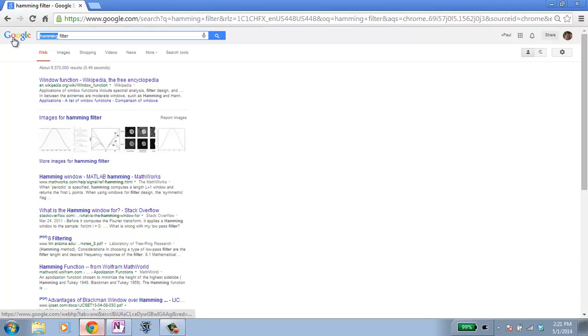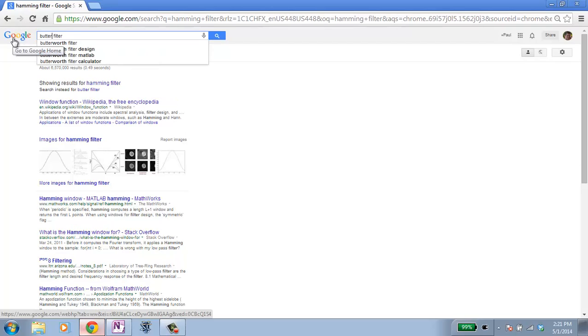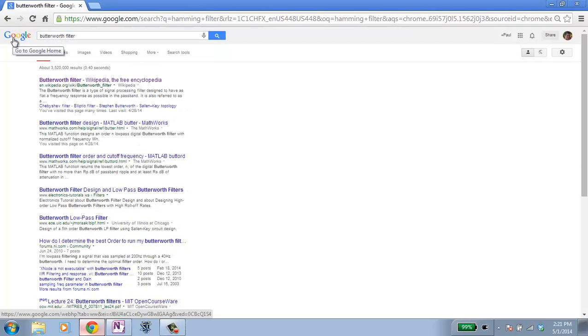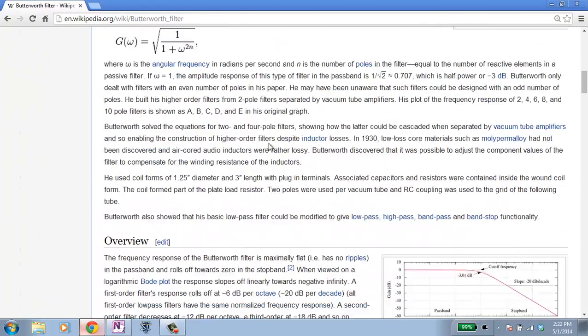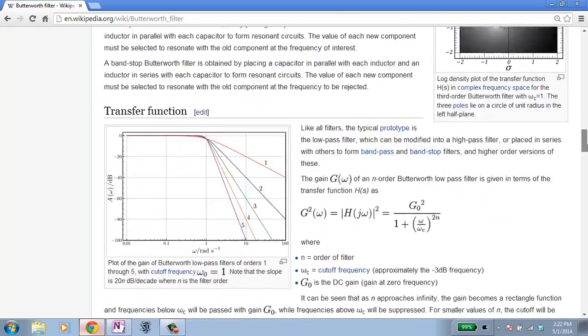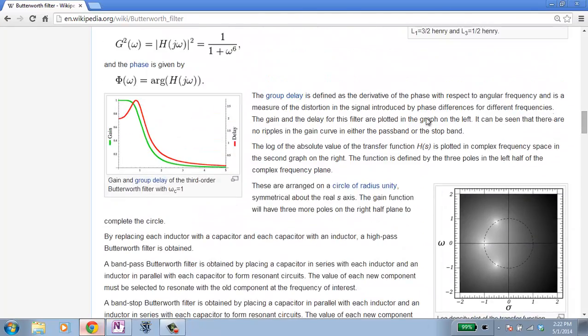Sorry. Butterworth. Yeah. Okay. You might remember we looked at the Butterworth filter as an example of a filter design, and I showed you a plot here. As they're going through all the characteristics, they're showing that here's the gain, the magnitude of the Fourier transform, the group delay, and so forth. They also have this plot over here.